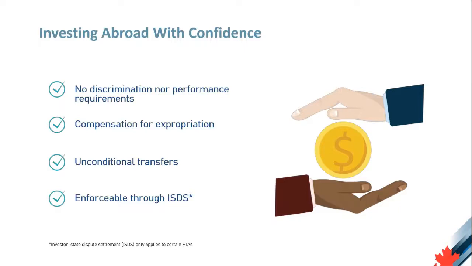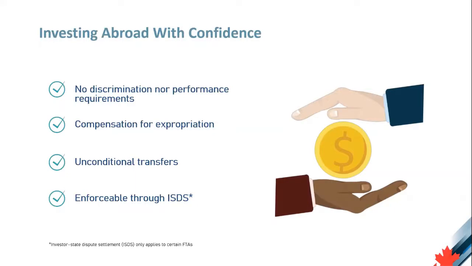This means that if you're doing very well in that country and the government wants to nationalize, to buy it out because they love it so much, they will have to pay you a fair market rate. They can't just take it over and nationalize your investment.